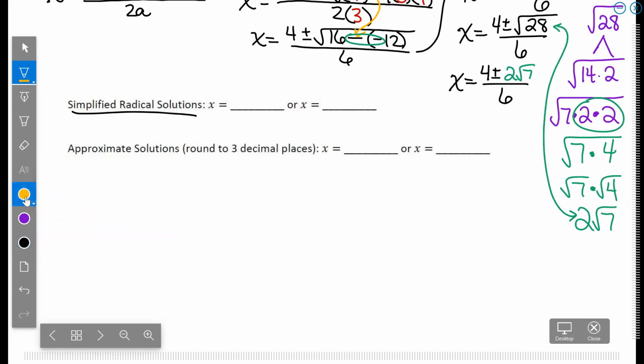I have to distribute with division the same way I would distribute with multiplication. So I'm looking at this right here. Do 4 and 6 have anything in common? Can I reduce that at all? What can I take out of both of them? 2. So I would have 3 in my denominator and 2 in my numerator.